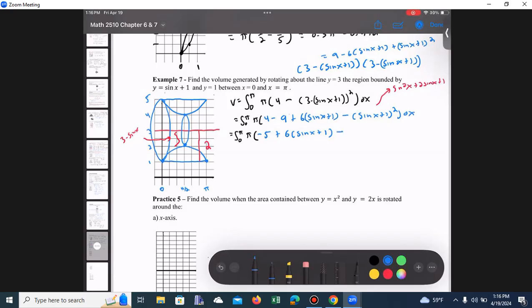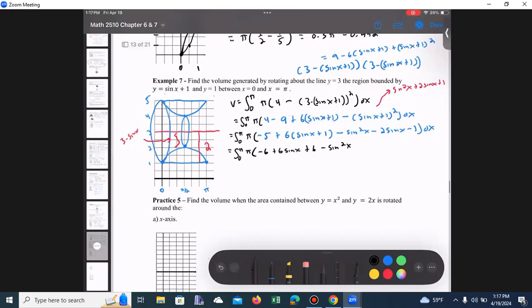We'll have minus sine squared x minus 2 sine x minus 1 dx. So now 0 to pi. Negative 5, negative 1 gives us a negative 6. Then we'll have 6 sine x plus 6 minus sine squared x minus 2 sine x. And we already took care of that 1.